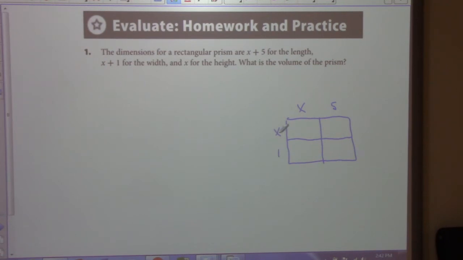And that will equal X squared, 5X, X, and 5. And it would equal X squared plus 6X plus 5. And you multiply that by X, is what you're saying?